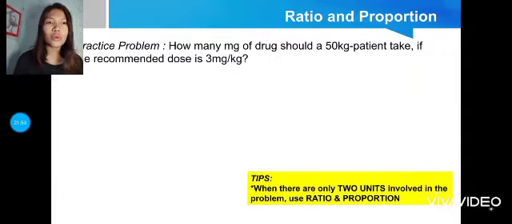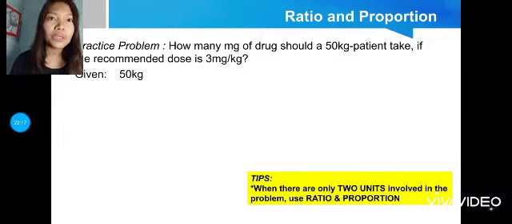So, we have here a problem. How much milligram of drug should a 50 kilogram patient take if the recommended dose is 3 milligram per kilogram? Okay, so based sa steps nga ginhatag natong kagina on how we are going to calculate our dose, ano ganitong first step? The first step is to identify the given. Okay? So, what is your given?